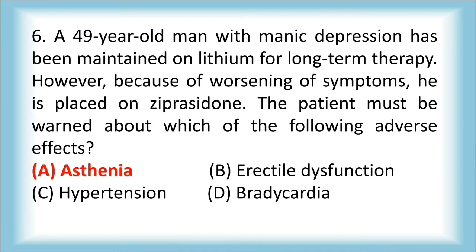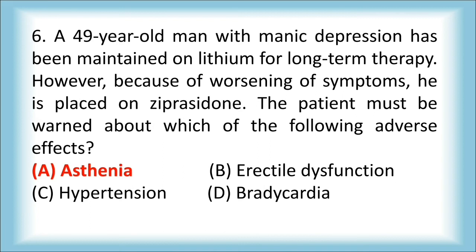Here the major side effect of ziprasidone is asthenia. Asthenia means the patient becomes physically weak or he feels lack of energy or lack of strength. Okay, so that is the major side effect of ziprasidone, and along with this, other side effects include tachycardia, and it can also cause hypotension.